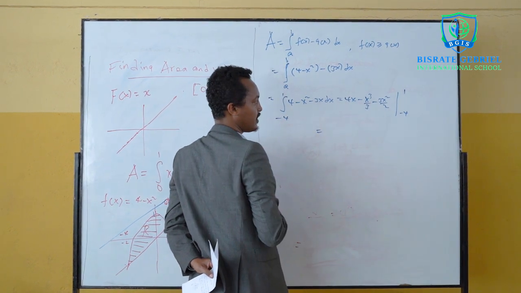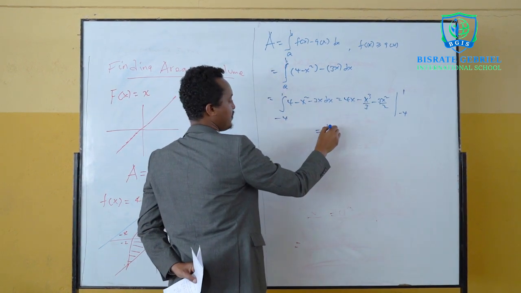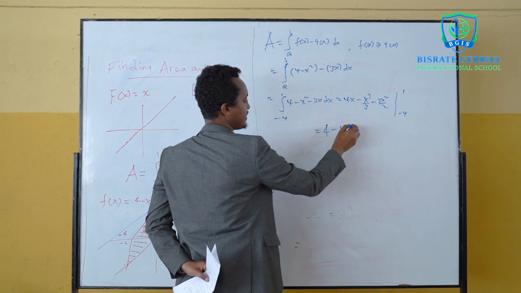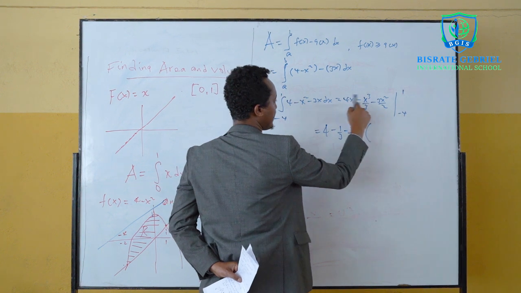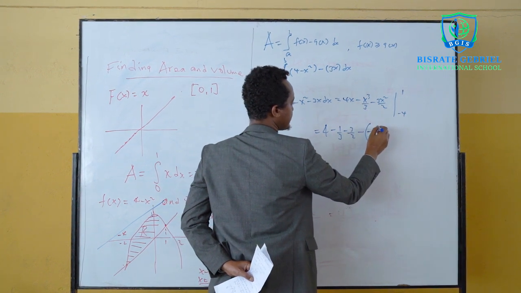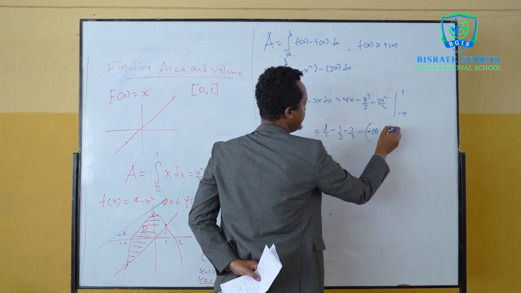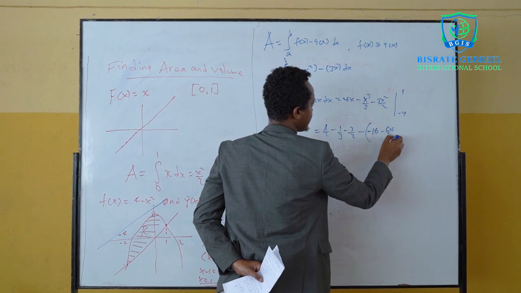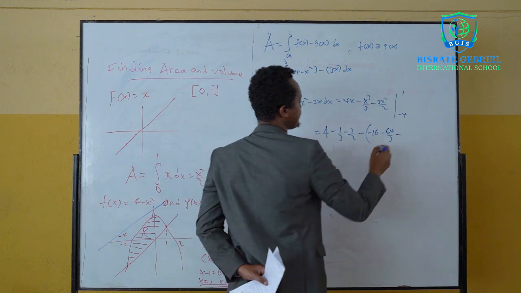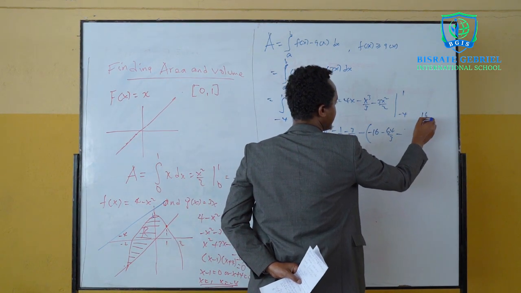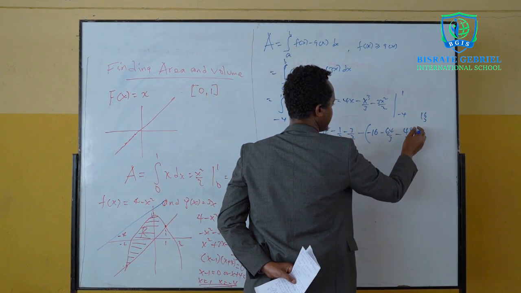Now first we substitute 1 into this function, so that's 4 minus 1 over 3 minus 0 over 2, minus the result of substituting minus 4: minus 16 minus 4 cubed is 64 over 3 minus 16 and 3 is 48 over 2.